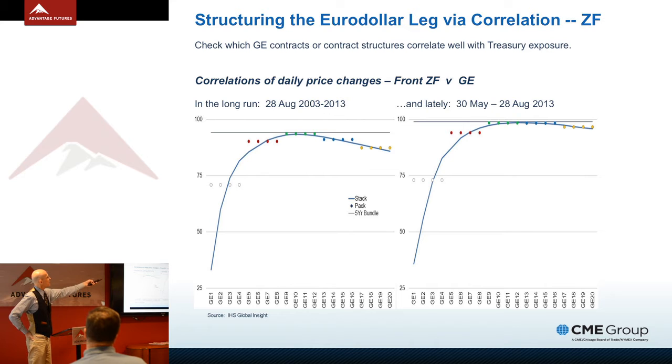What you have there is a decade's worth of daily price dynamics on the left for front 5-year versus the Eurodollar strip. On the right, what you see is the same correlative relationship estimated on just May to August. I'll come back to why that's important in a moment.